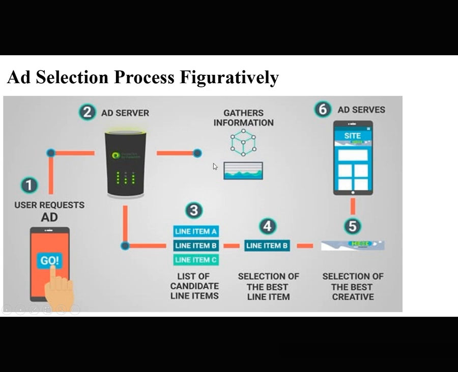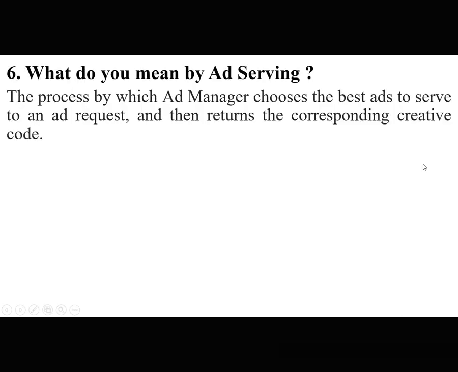The ad server gathers information about the user through non-personally identifiable parameters, generally done through cookies currently. And fourth, line item B is selected for running the ads. So it is the best line item for the user, and then the best creative is selected for the user as per the user behavior criteria, and then there is ad serving on the site.